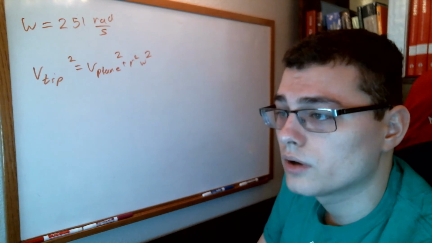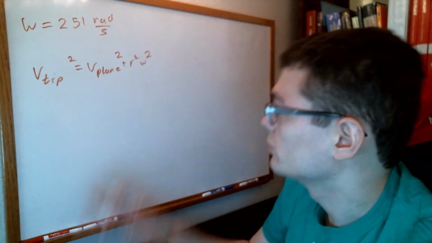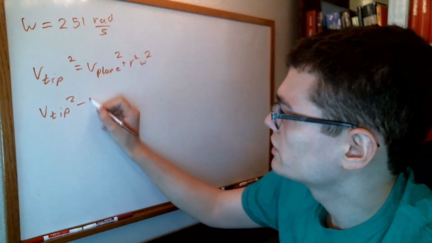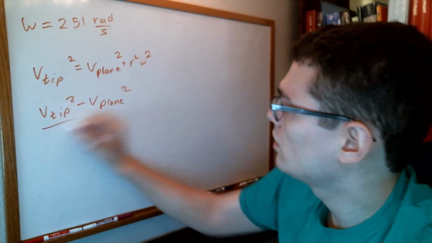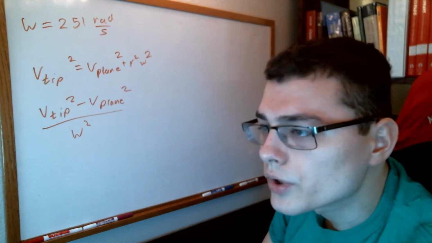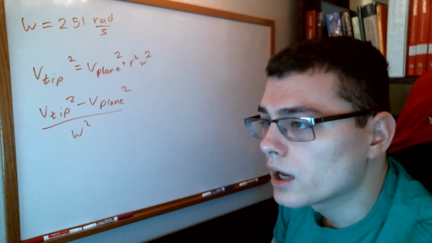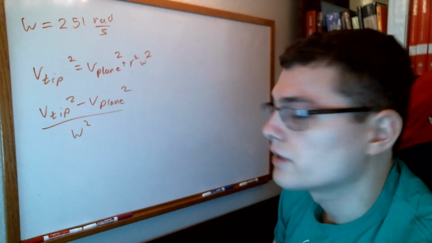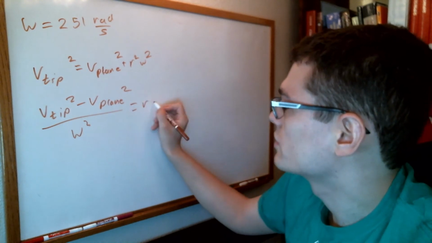What we're trying to find is the maximum propeller radius that will yield this. So we get v tip squared minus v plane squared, all over omega squared. We already have omega, and we're given the forward airspeed of the plane, and we want the tip speed to be less than this. Oh, and remember this is r squared.